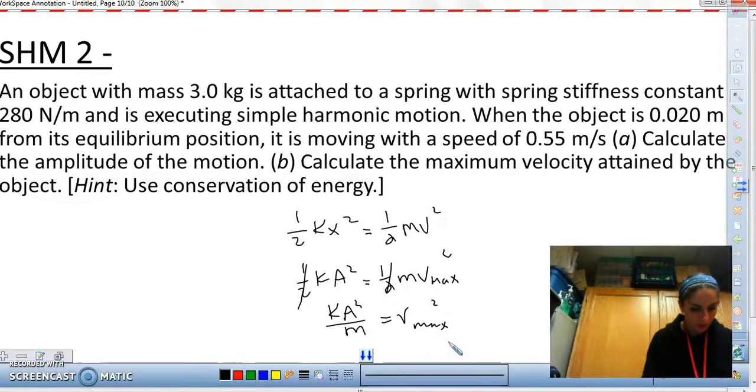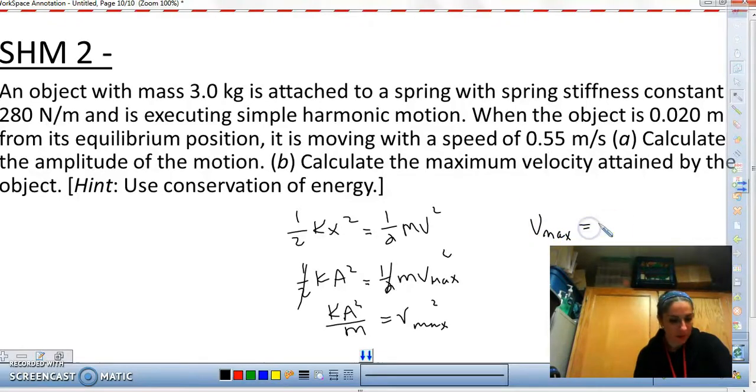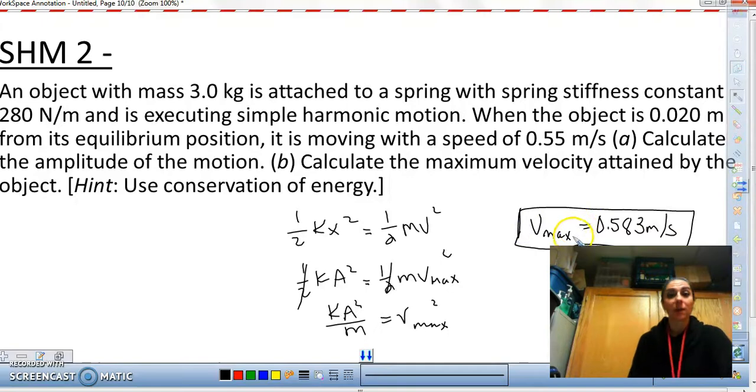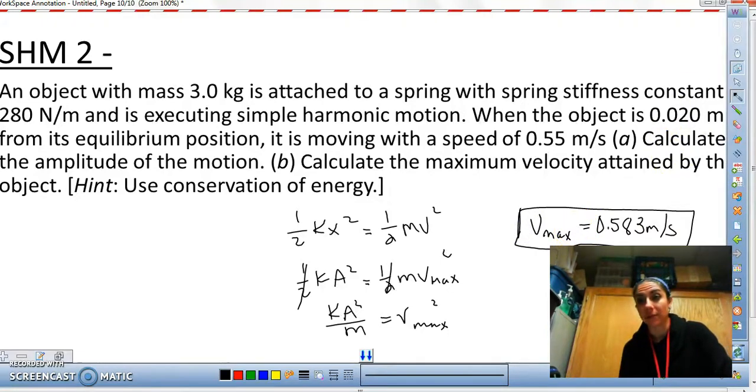So A squared times 280 divided by 3, square root of the answer. The max is 0.583 meters per second, just like that. Okay, so that's the maximum energy, maximum velocity at that point.